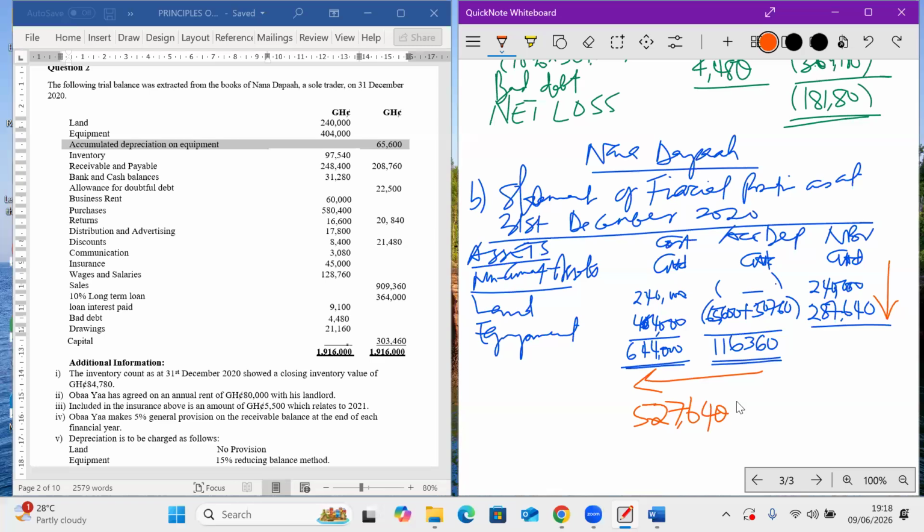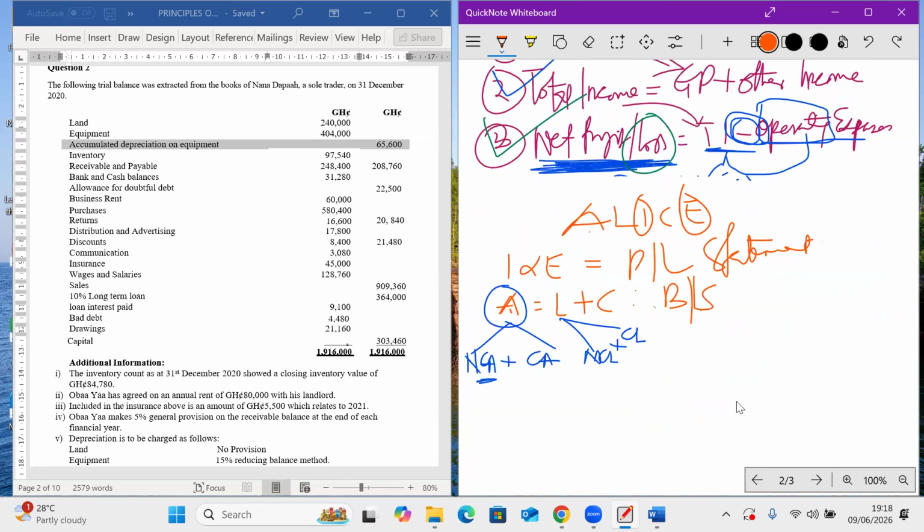Yes, sir. So you then write it. Don't do one side and go and write. Confirm before you write it. They must be the same. So we are done with this: 527,640 is the total non-current assets.